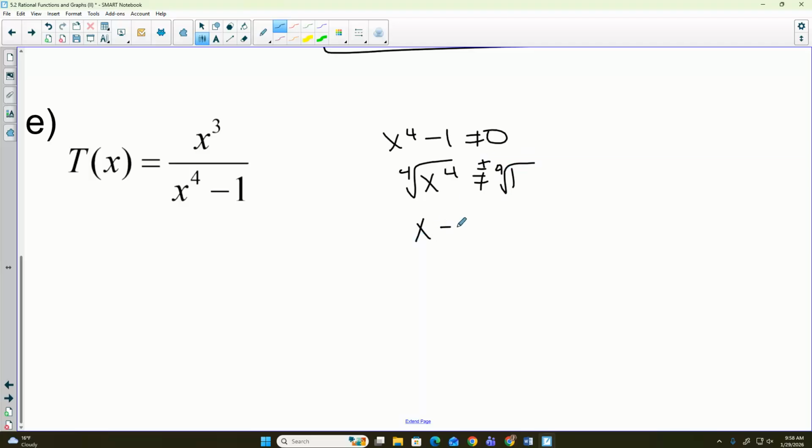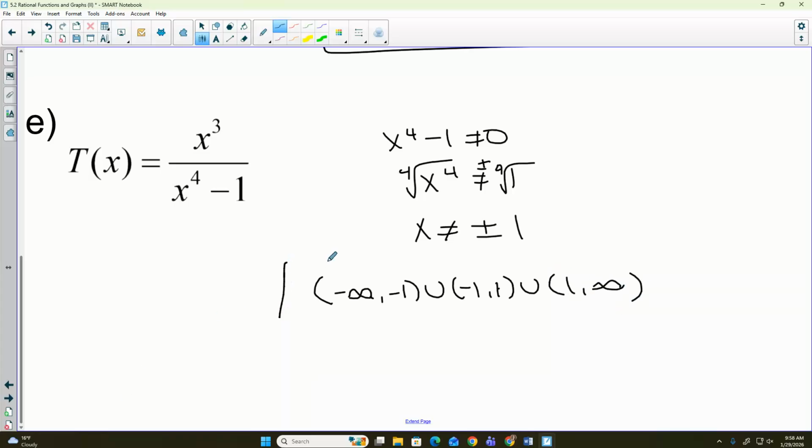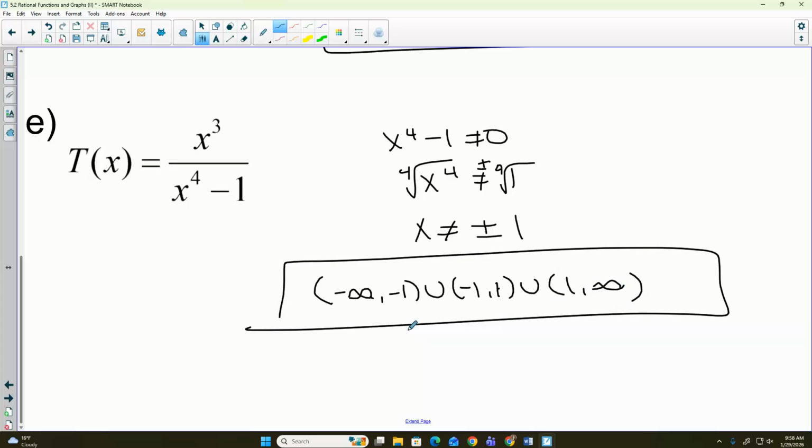So it can't be positive or negative 1. What would the interval be? And then 4. Alright. Are we doing okay with domains?